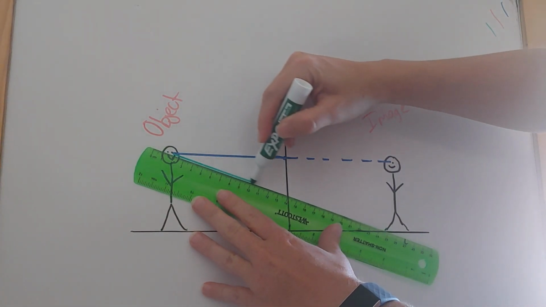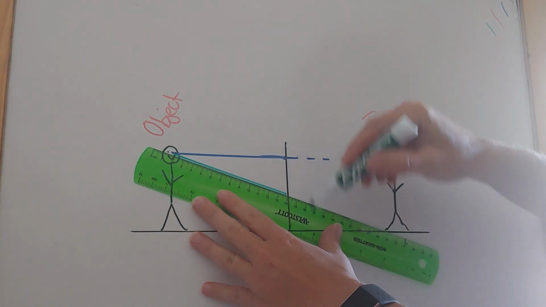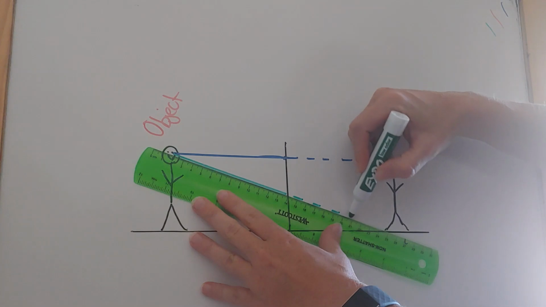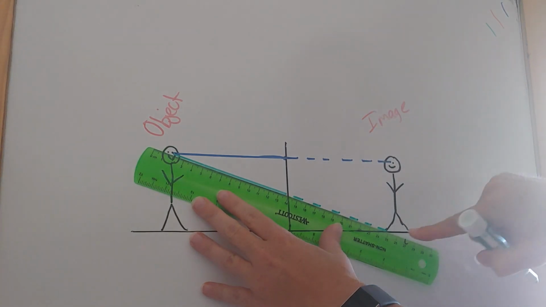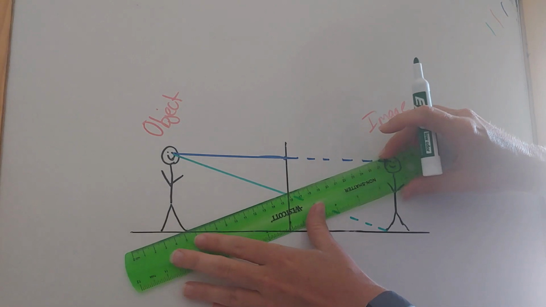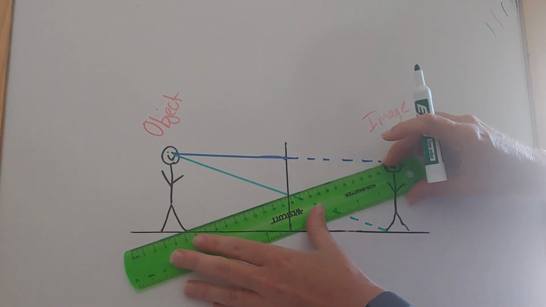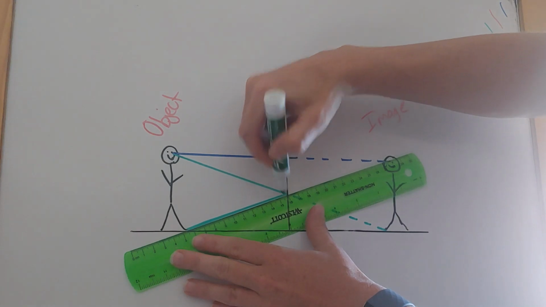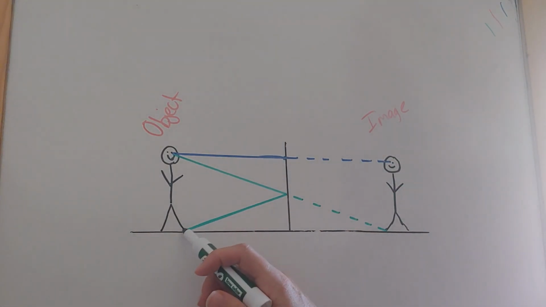As we know, light can't actually pass through a mirror because it's a solid opaque surface, but it appears to go all the way to his virtual shoes. What in reality is happening is that right when it hits the mirror, it's actually reflecting off in that manner, like that.